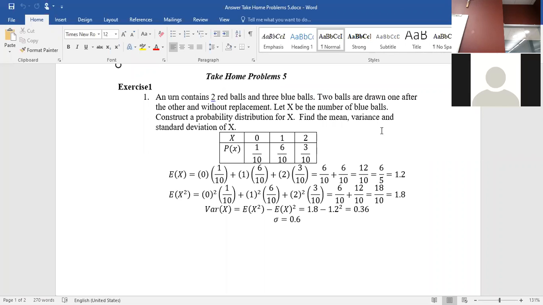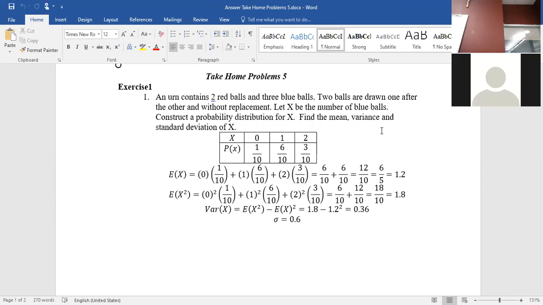These are the possible situations: first blue, second blue; first blue, second red; first red, second blue; first red, second red.